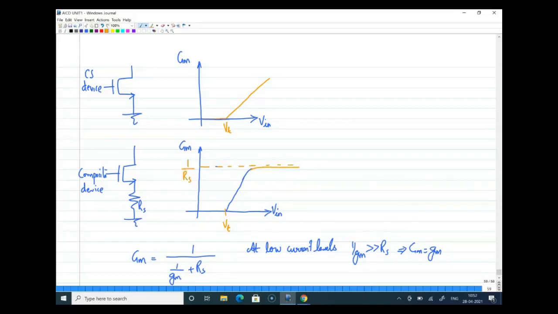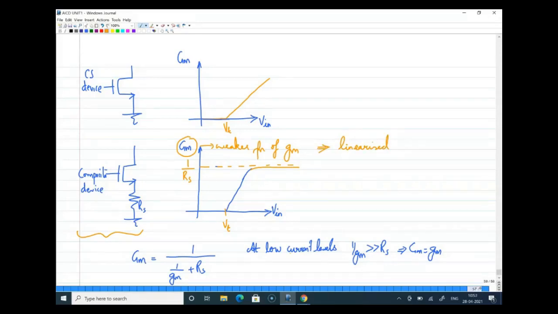So what we achieved here, by using a composite device, we made this GM a weaker function of small gm. Thereby we linearized the circuit. We just linearized the circuit, right?